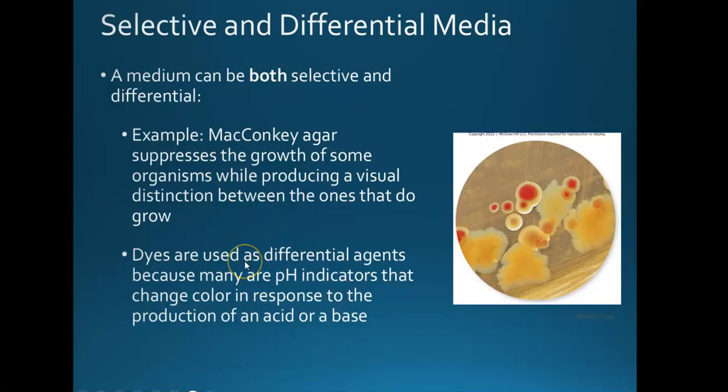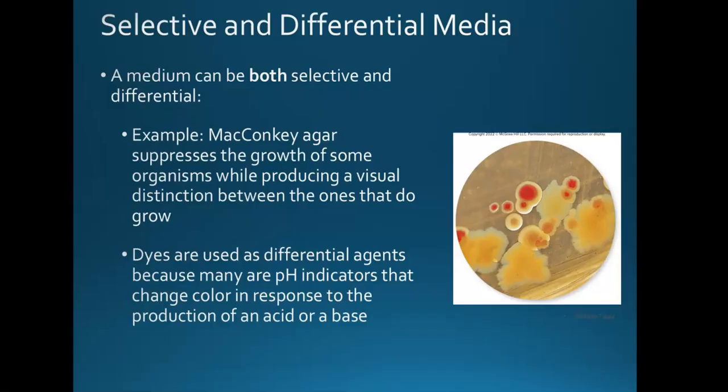Now, with these differential media, a lot of times we're using dyes to help us see the differences, and these dyes are usually natural pH indicators that cause a color change within the colony or within the media. So a pH indicator allows us to detect a change in the pH.